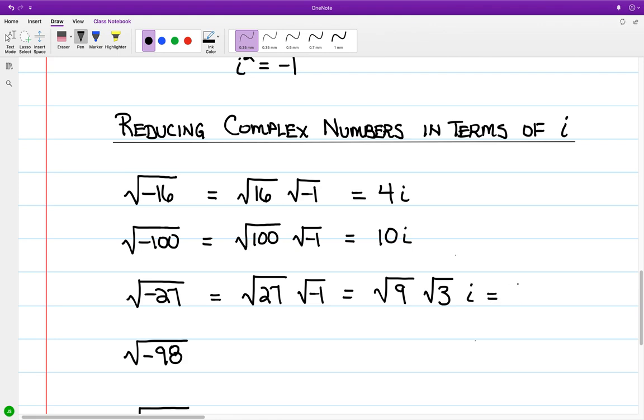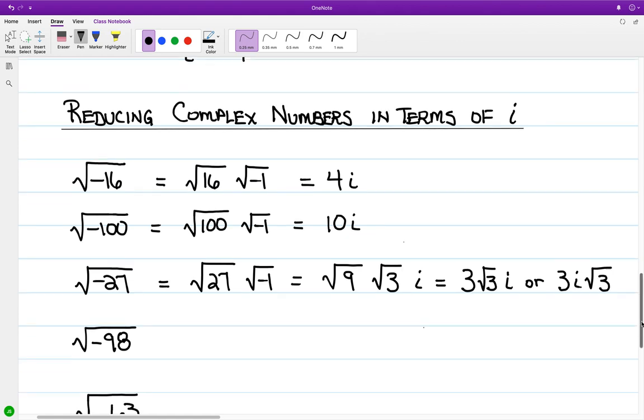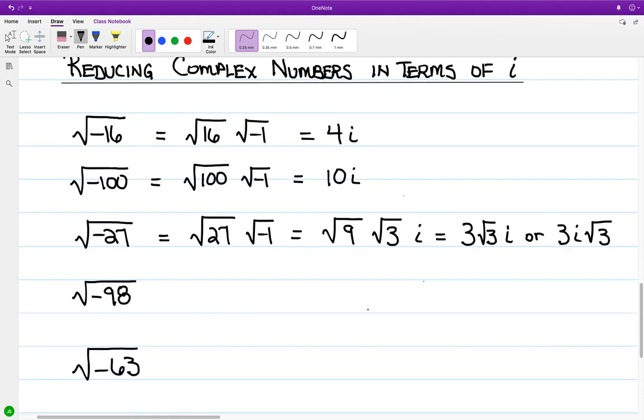As a reduced radical, we have 3 times the square root of 3 times i. Since i does not go inside the radical, and to safeguard i from seeming to appear to go underneath the radical, only the square root of 3, we can write this as 3i times the square root of 3.